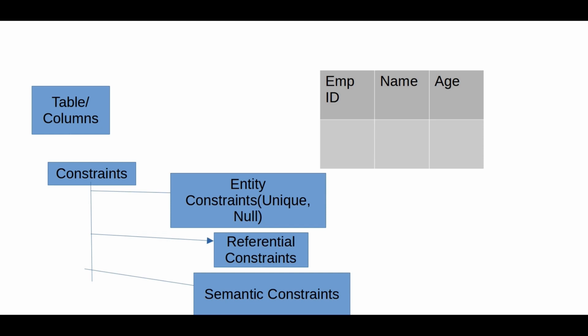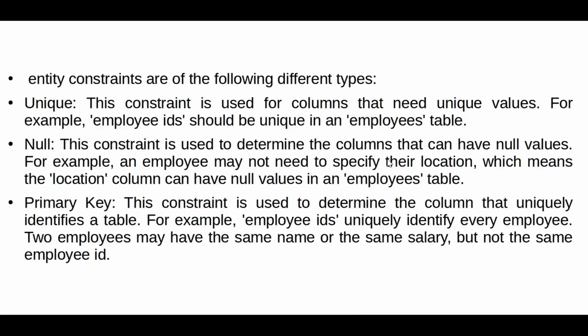So, what is an entity constraint? Entity constraints say that within a given table, whatever restriction on the values of those attributes that you want to put. Example: in the employee table, attributes employee ID, age, name. In employee ID, the restriction we put is that employee ID should not be repeated.